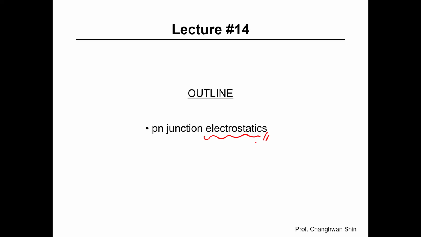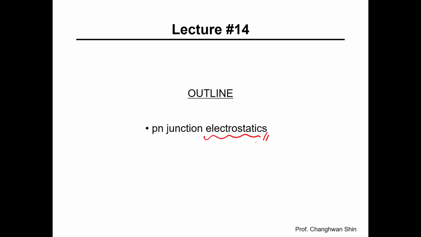So in particular, we will explore number one, the built-in potential that exists across the junction even without any external voltage. Number two, the depletion region: what it is, why it forms, and how it responds to applied voltage. Number three, the electric field and potential distributions within the junction.